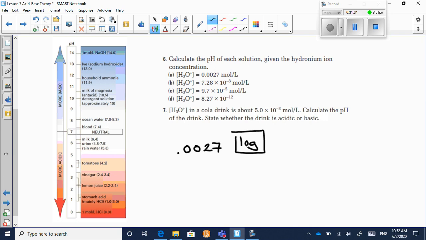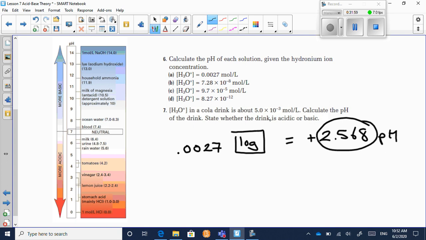On my calculator, I have to hit second function, so second function and log, 0.0027, and my calculator shows negative 2.568. But again, you just get rid of the negative, and so the pH of that is 2.568.